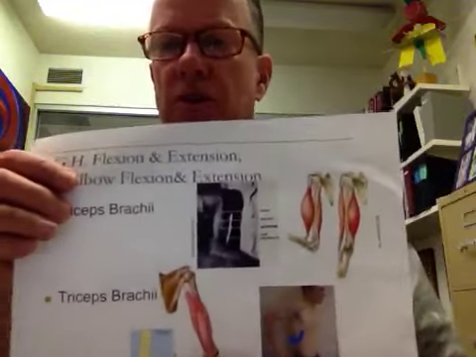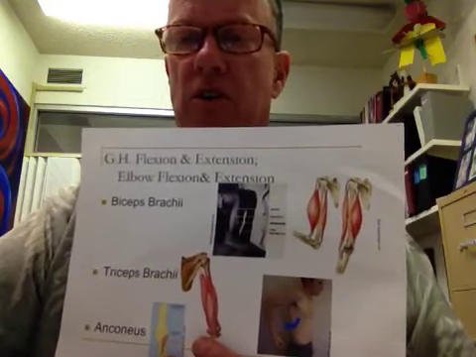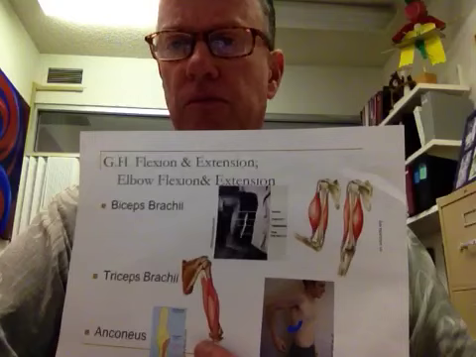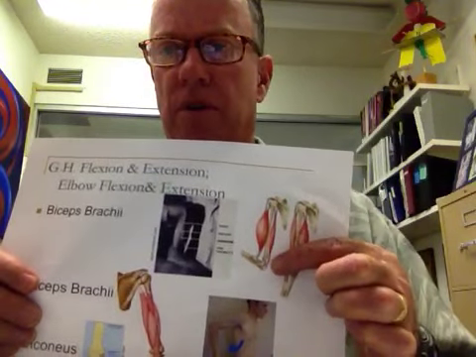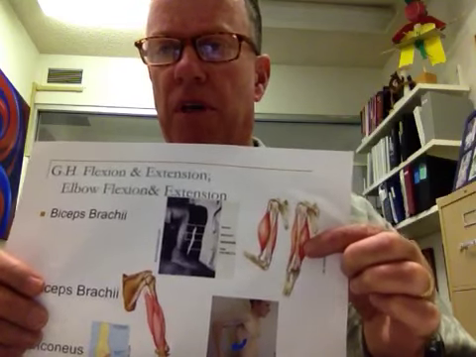And then the muscle motor effectors of the elbow. Certainly the biceps brachii is a major flexor, and the triceps a major extensor. Okay, here's a view of them in extension.